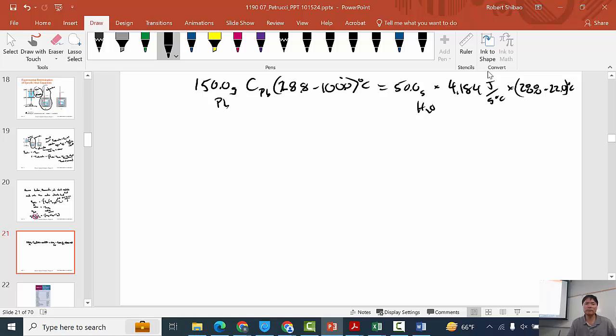So we're going to solve for the specific heat, or the heat capacity, of lead. And so let's go ahead and calculate it.